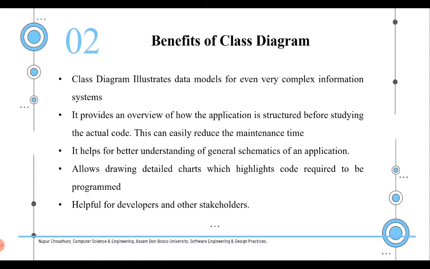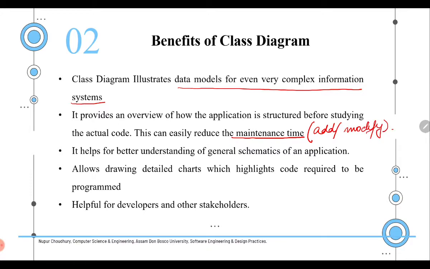The benefits of a class diagram lie in representing data models for very complex information systems, and it provides an overview of how the application is structured before studying the actual code. This can reduce the maintenance time. Maintenance time is the time related to adding new things or modifying the existing code, or checking for bugs associated with the addition of new code.